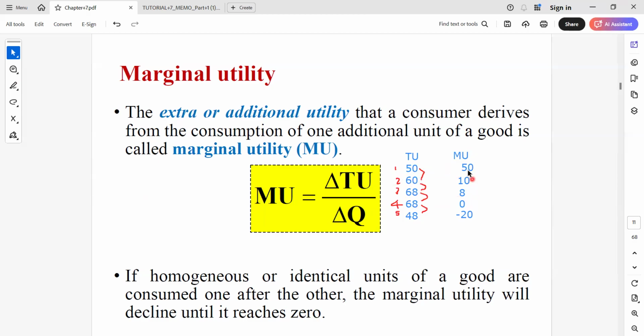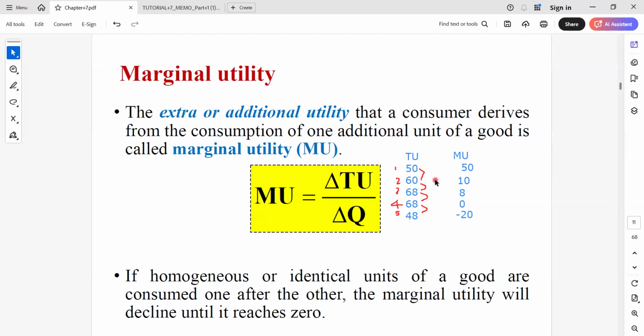Which must also tell you that your total utility is increasing, but at a decreasing rate, because the additional satisfaction that you are getting is decreasing.